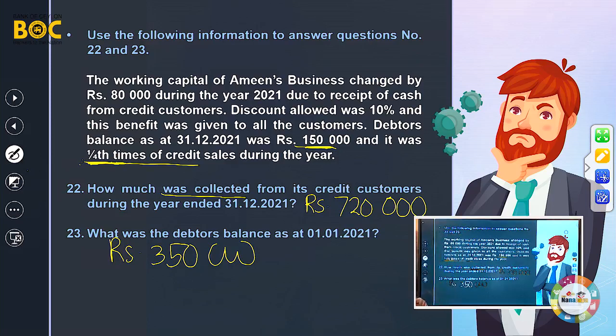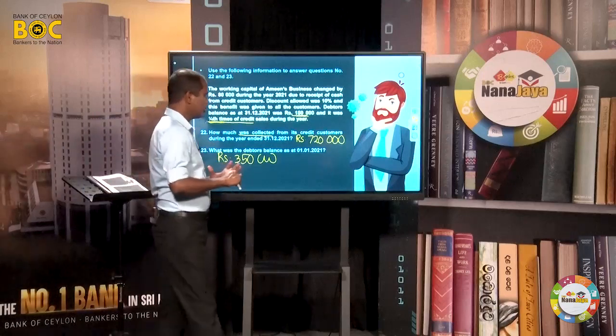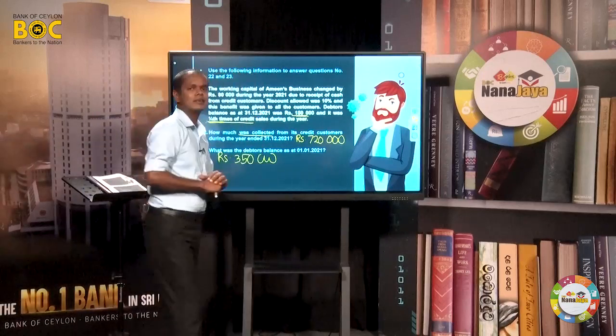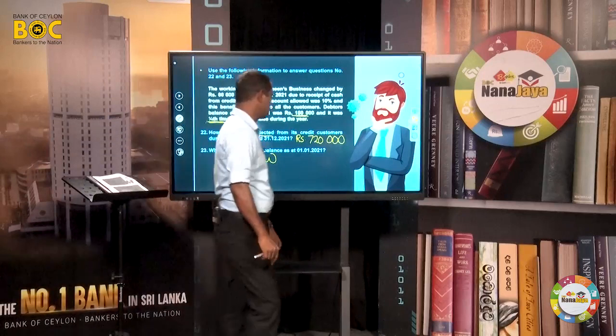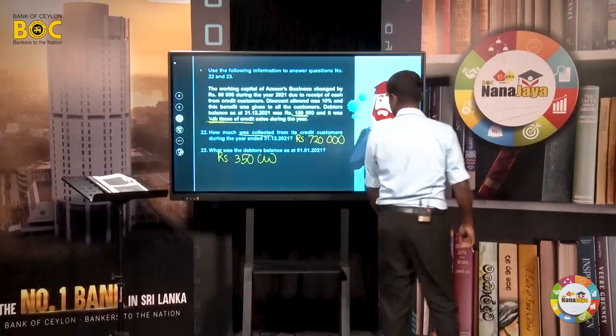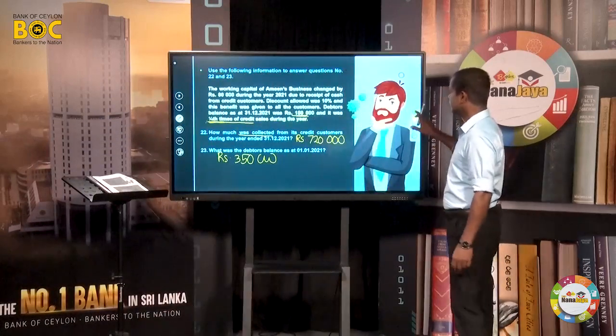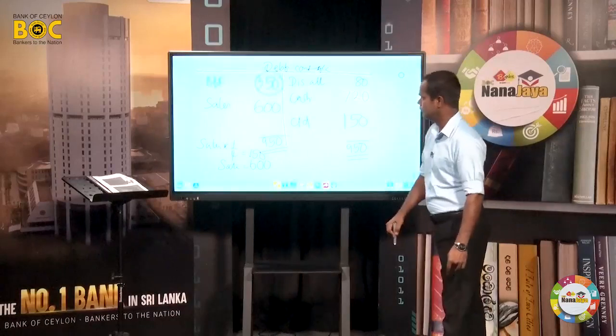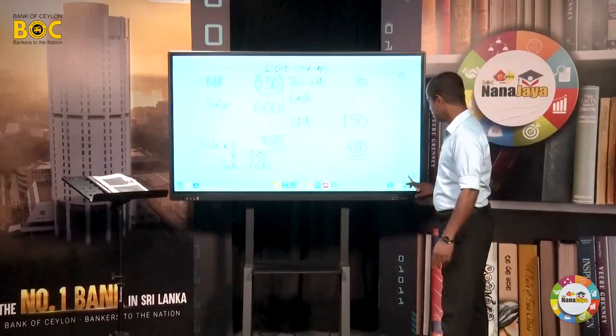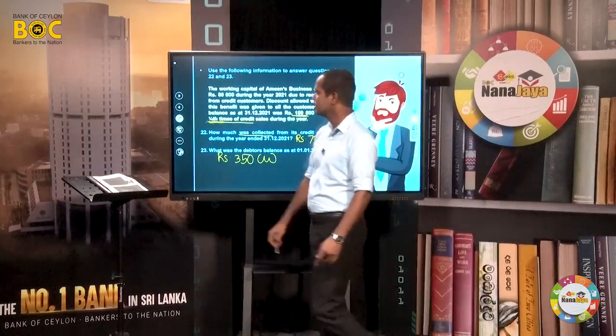The answer for 23, opening debtors balance, is 350,000 rupees.